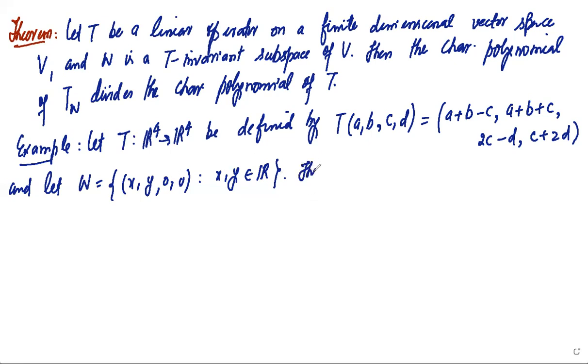So then T of X, Y, 0, 0 under this linear transformation. Now T of A, B, C, D is given by this formula, so this is equal to X plus Y, again X plus Y, then the third and fourth terms involve C and D, but here C and D are 0, so it is 0 and 0.